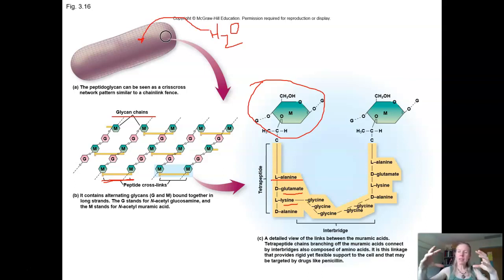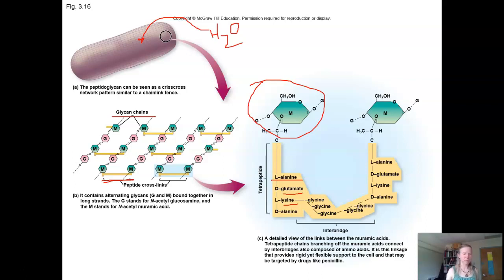But we said one of the problems is as water keeps coming into the cell, eventually the cell is going to want to explode. But this chain link fence surrounding the entire bacteria means that it just fills, and then the cell wall prevents that lysis. And so bacteria actually can do pretty well in hypotonic solutions, right?